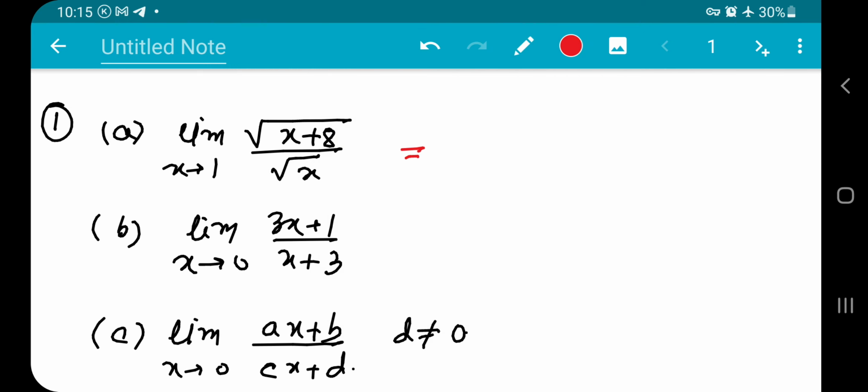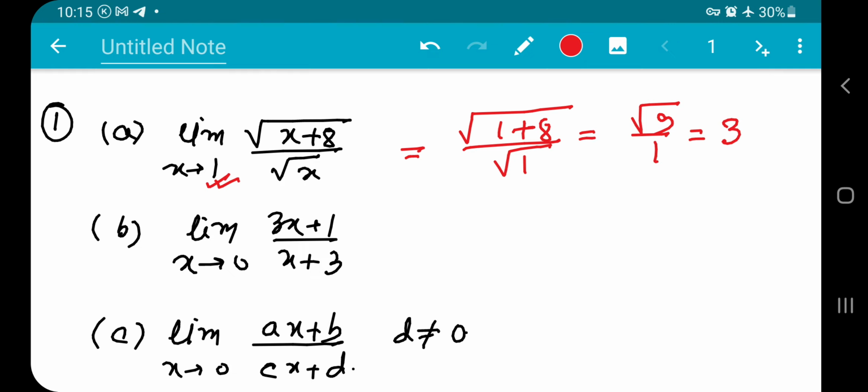We just have to put the value, that is x is equal to 1. So we are getting root over 1 plus 8 by 1, root over 9 by 1, which is equal to 3. The next sum, 3 into 0 plus 1 by 0 plus 3, that gives you 1 by 3.